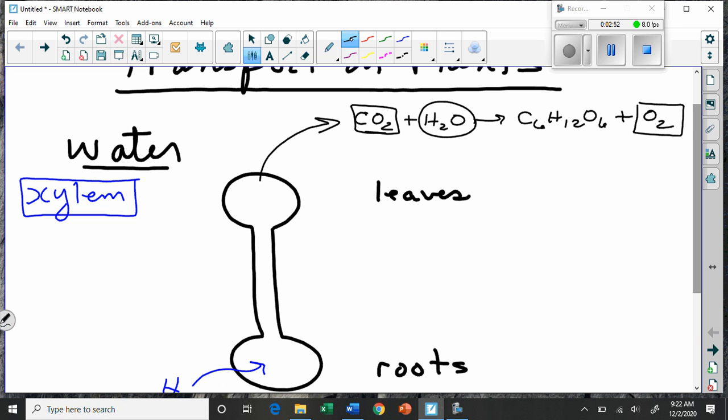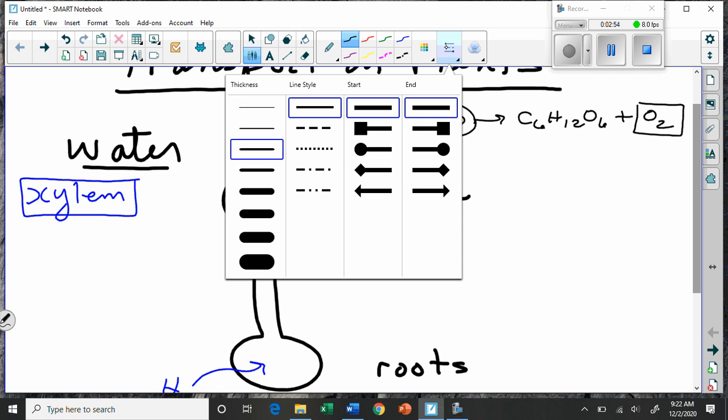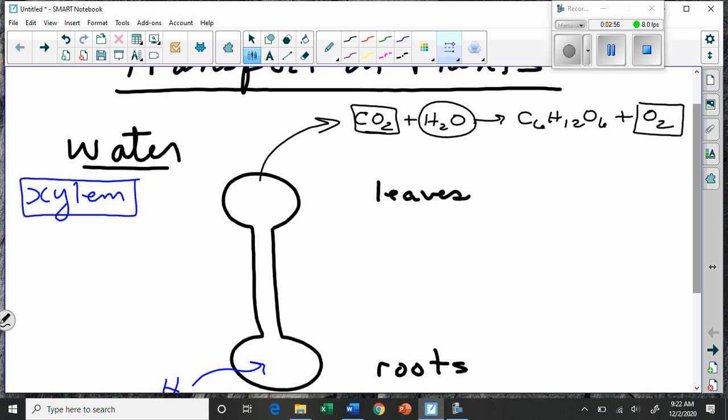So there's a very large movement of water out of the leaves because of this process. The process of water leaving leaves from the stomates is called transpiration. About 90% of the water in a tree can leave this way. It's wasted.